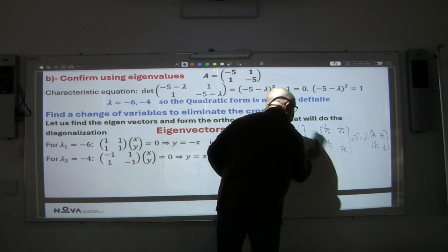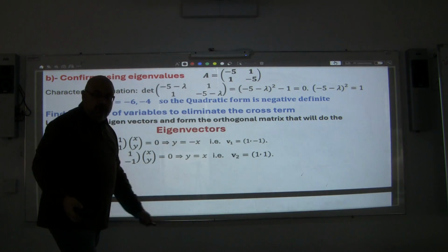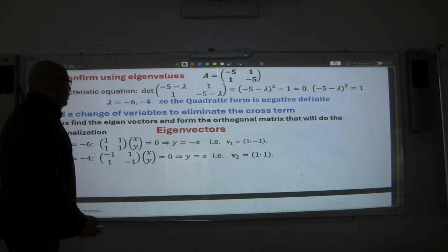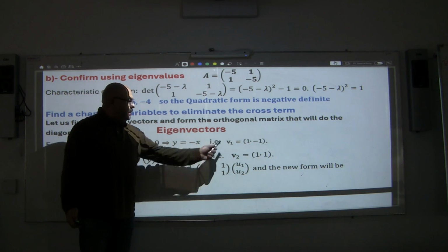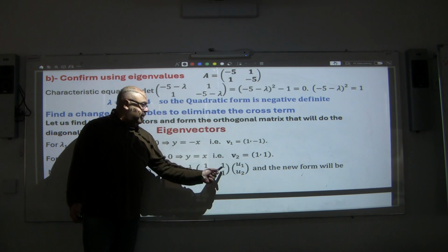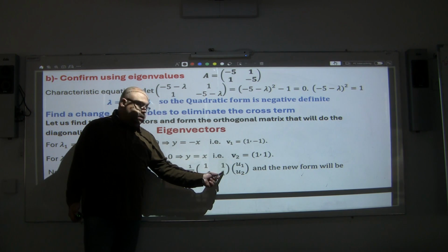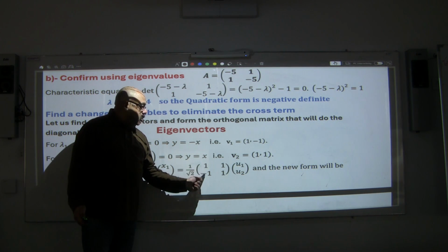So once more, after getting the vectors v1 and v2, I will put them all together in the matrix that I told you about. The first eigenvector is the first column, the second eigenvector is the second column. I will divide each element of the first vector by its magnitude.